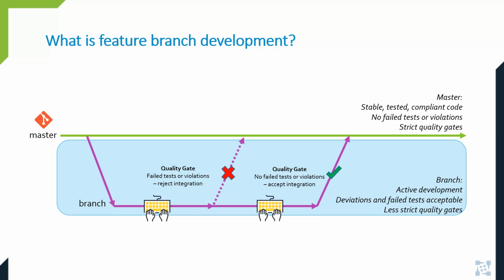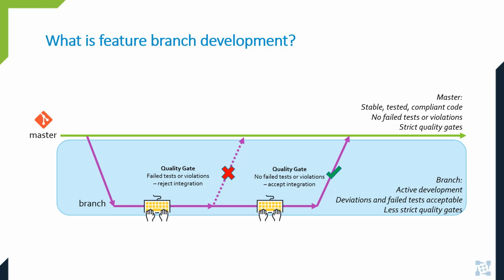But first, a quick refresh on what feature branch development actually is. It's a popular way for developers to collaborate on the same code base. From the master branch in version control, you can create feature branches to work in a different branch on the code base.